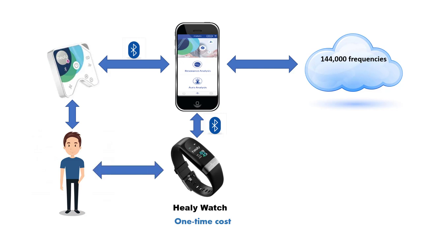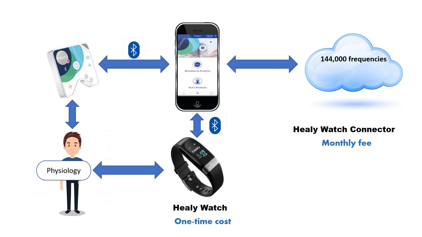So, the phone makes a physiological connection to your body. It monitors things like your heartbeat, heart rate variability, the amount that you're sleeping, amount of exercise you get, almost like a Fitbit, but it does a lot more. It establishes a Bluetooth connection to your phone using a thing called the Healy Watch connector, and there's a monthly fee for that.